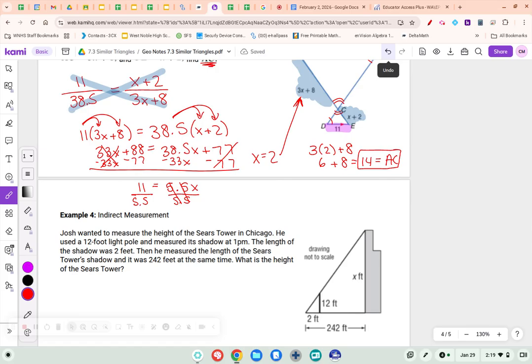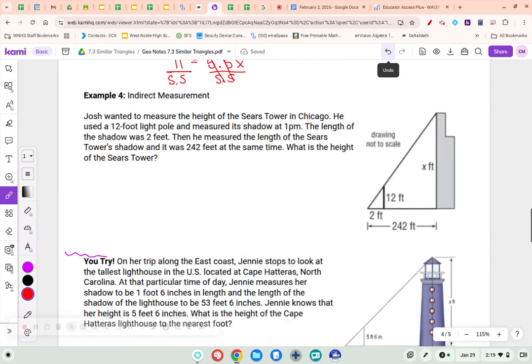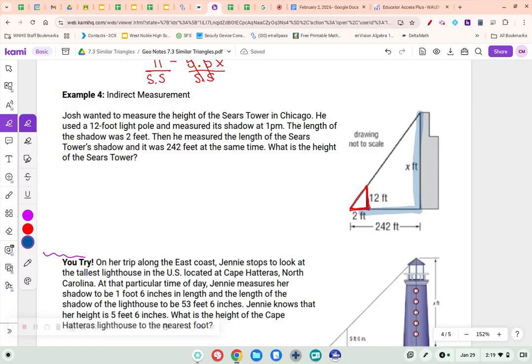So we have 2 triangles stacked inside here. These are similar triangles. I have this little triangle with 2 leg lengths. One is 12 and one is 2. And then I have this bigger triangle. I'm trying to find x, and I am given 242. Now, I'm going to put the little triangle information on top.